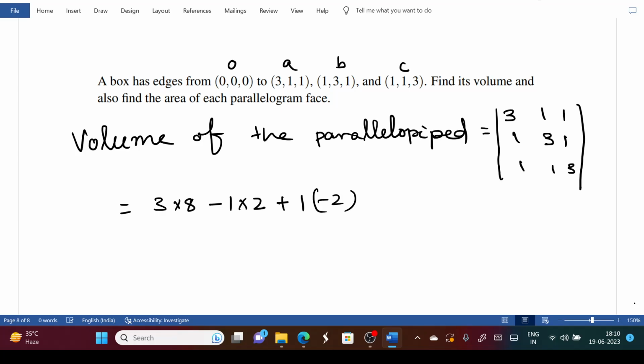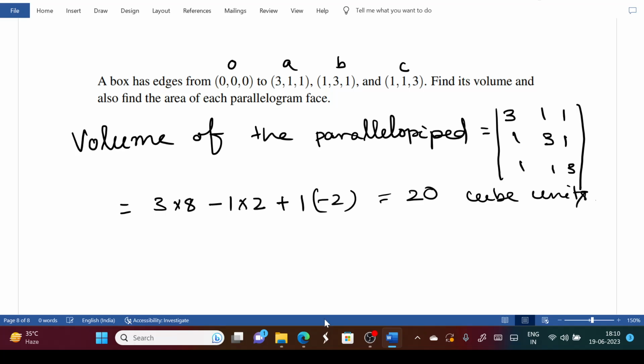So how much is it? 24 minus 4. So it is 20 cubic units.